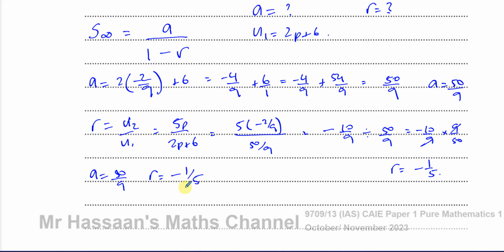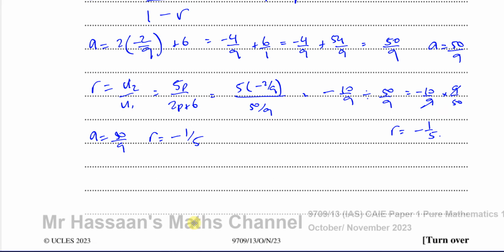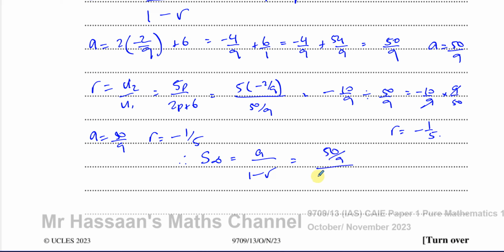As we can see, this will give us a sum to infinity because the common ratio has a magnitude less than 1. So the sum to infinity is a over 1 − r, which is 50/9 divided by 1 − (−1/5). That's 50/9 divided by 6/5.